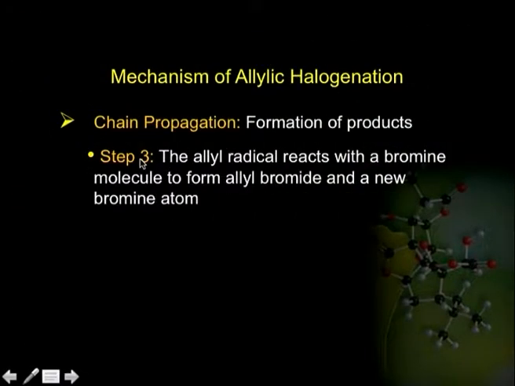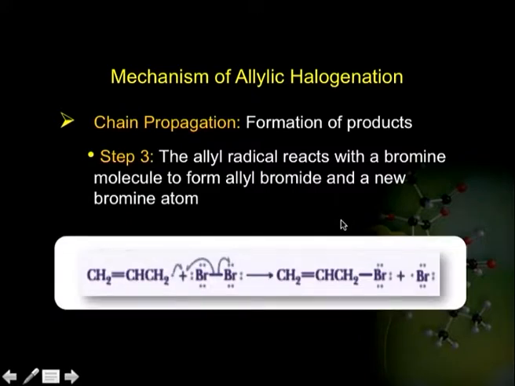In chain propagation itself, then we have the third step where the allyl radical reacts with the bromine molecule to form allyl bromide and a new bromine atom. So, this is the way the two radicals will react, give rise to allylic substitution and another bromine radical.